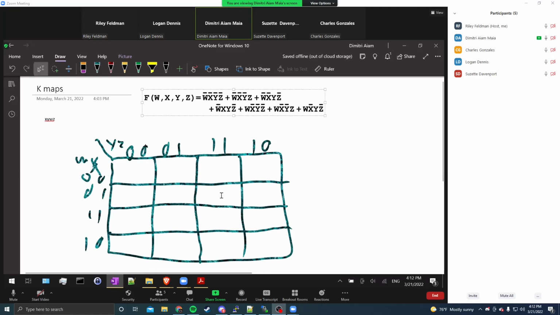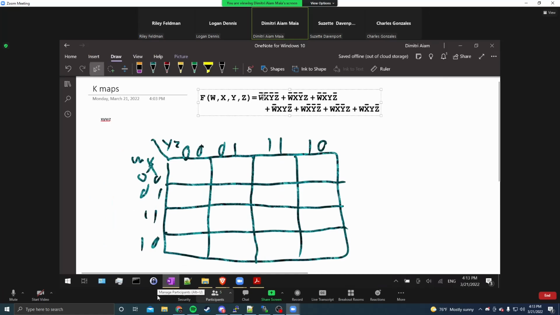So the way you do this, you look at the inputs and you look at what they mean over here. The way you populate the Karnaugh map, you look at each of these terms.